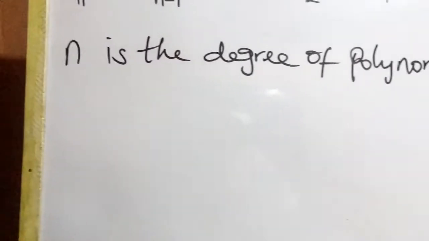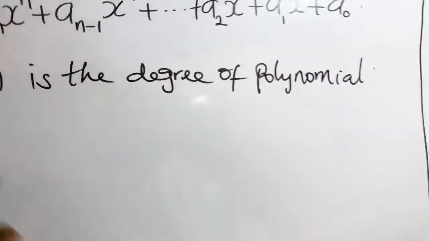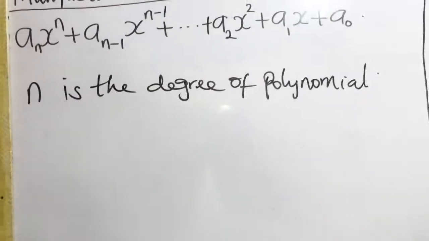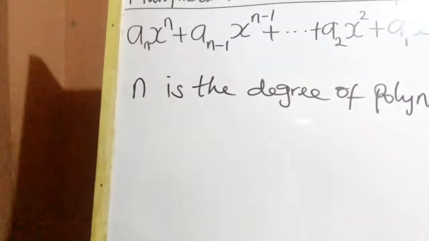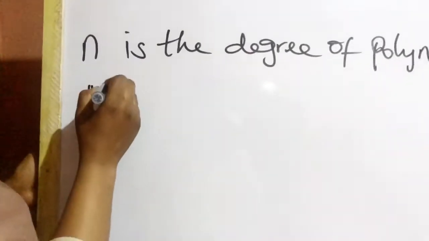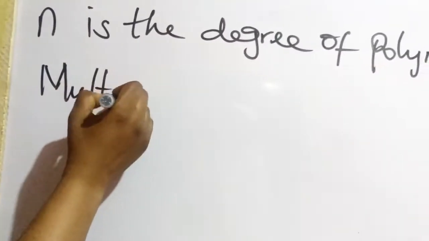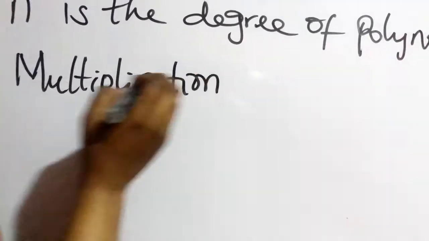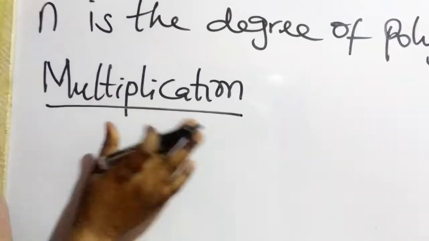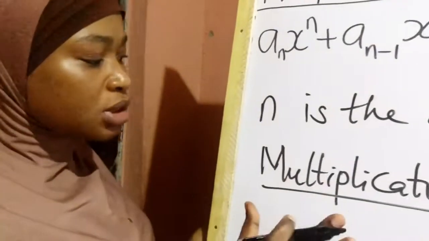So we have done addition and subtraction of polynomials. Today we want to study multiplication and division of polynomials. So, multiplication of polynomials. If you multiply two numbers together, the answer is known as the product.